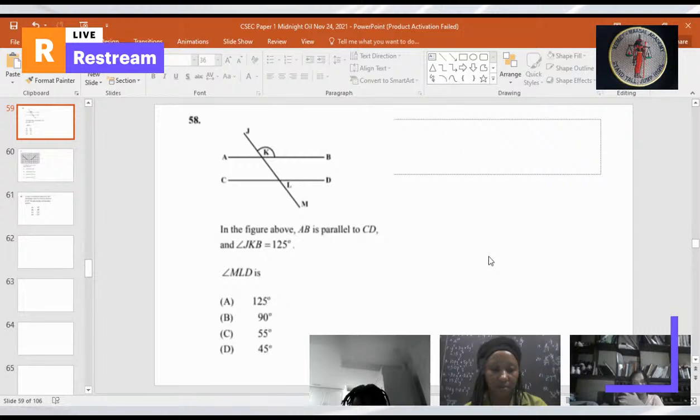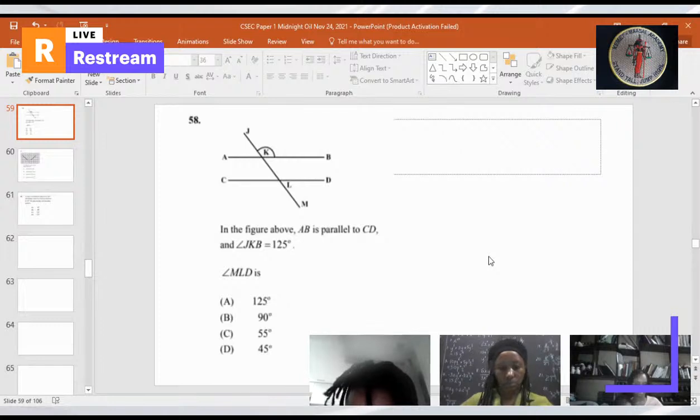Angle MLD is... So where they have angle K, that's 125 degrees, and they want angle L. So from J to K, from M to L to D, which would be where L is.